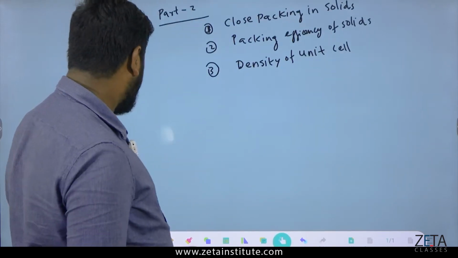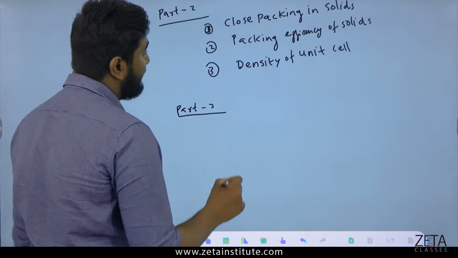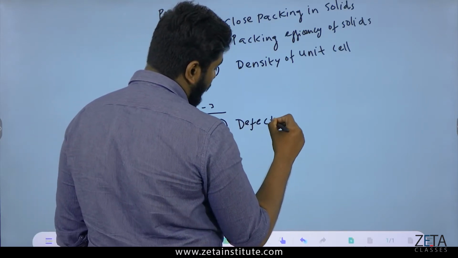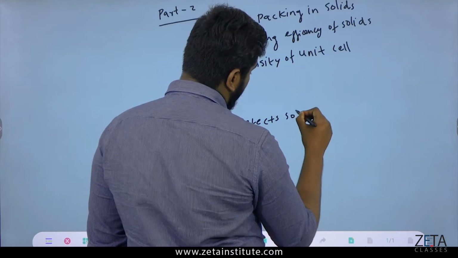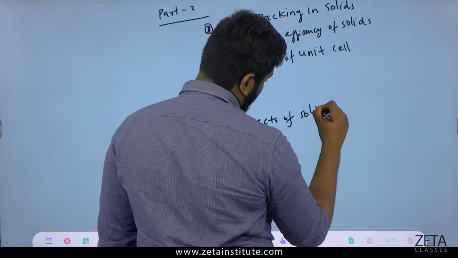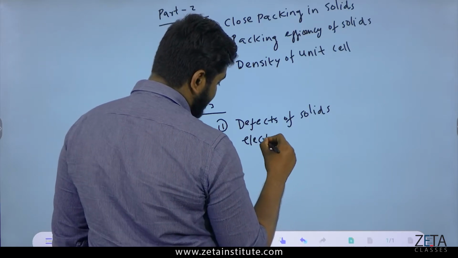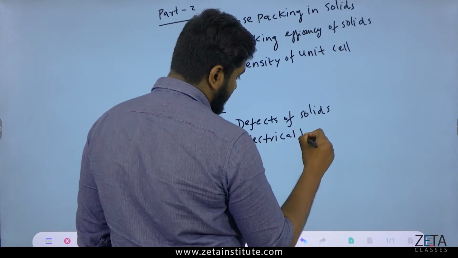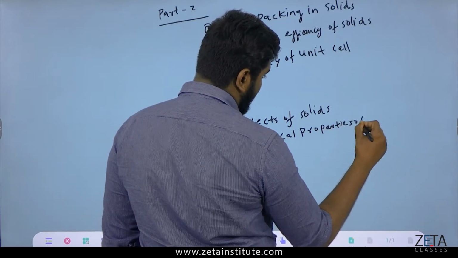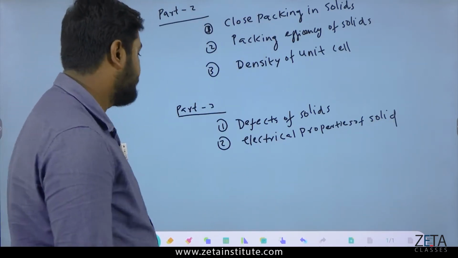And in part 3, our final part of this chapter, we are mainly discussing first defects of solids, or we can call them imperfections of solids. The second one is the electrical properties of solids.